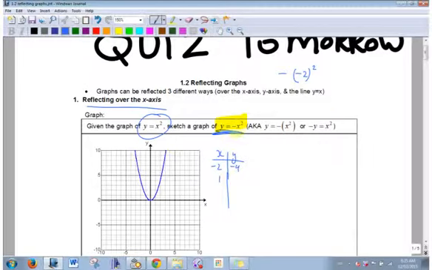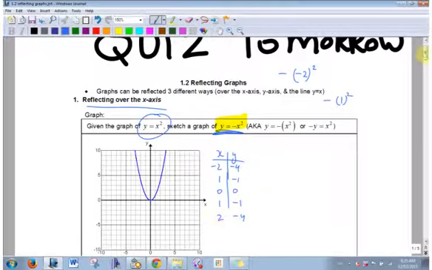If x is -1, I have (-1) squared, which is 1, but now it's -1. If x is 0, I have 0 squared is 0. What's -0? Still 0. If x is 1, I've got 1 squared, but now it's -1. If x is -2, I got 4, but now it's negative.